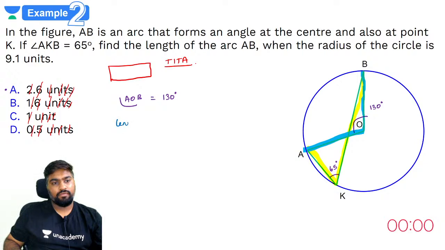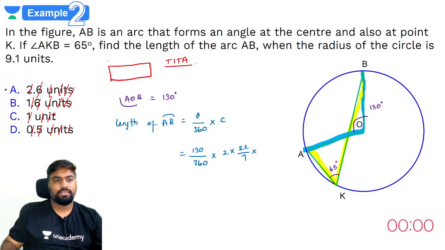Length of arc AB will be theta by 360 into the circumference, which is 130 by 360 into 2 times pi, which is 22 by 7, into the radius. Radius is given as 9.1.